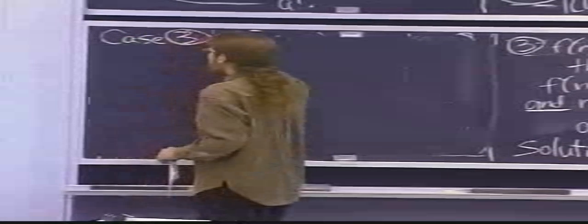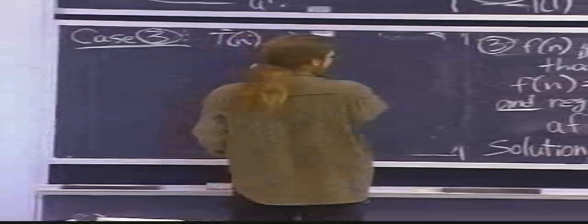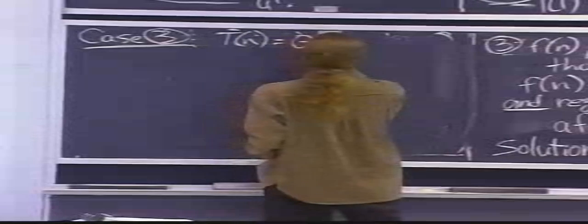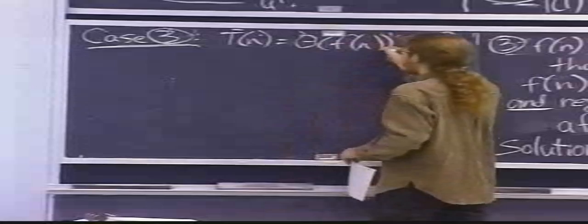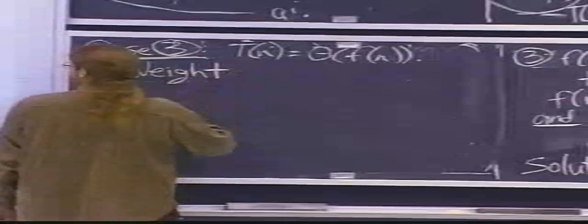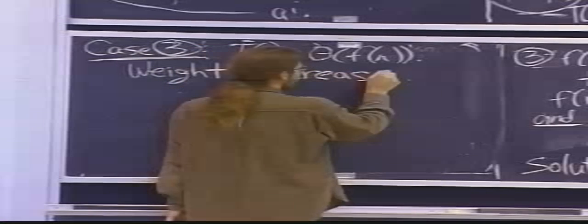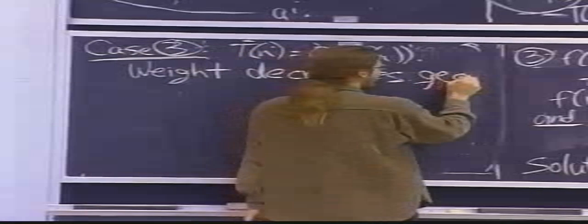The last one, I'll leave it up, is case 3. And with case 3, we ended up with t of n being theta of f of n. And what's going on here is that it's the root that matters. The root is dominating. And in fact, if you look at the weight at each level, the weight decreases geometrically as you go from the top to the bottom of the tree.